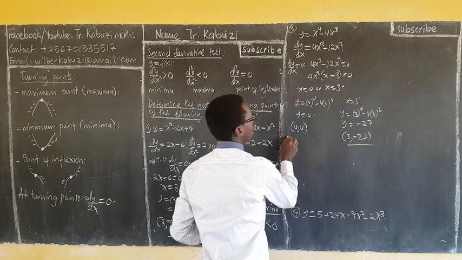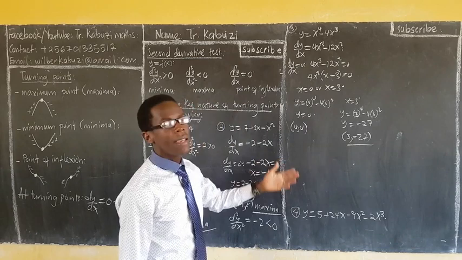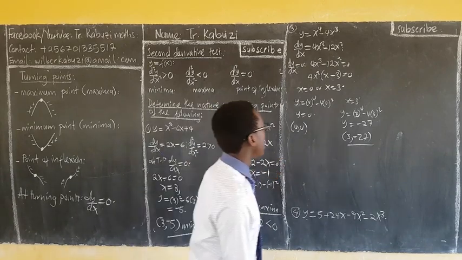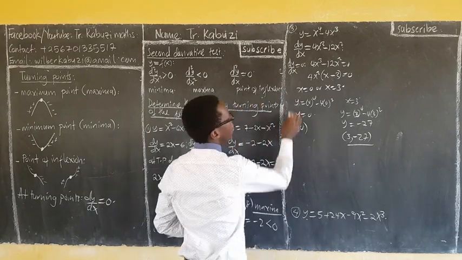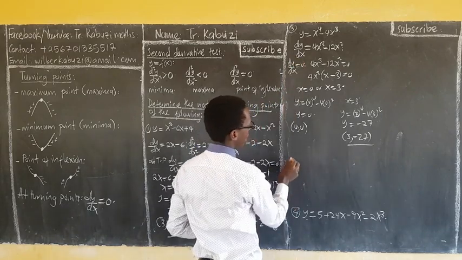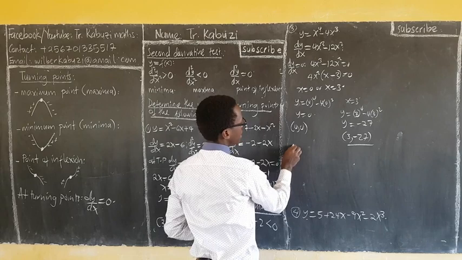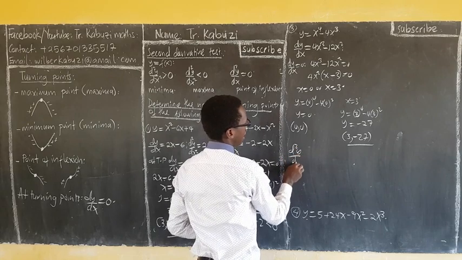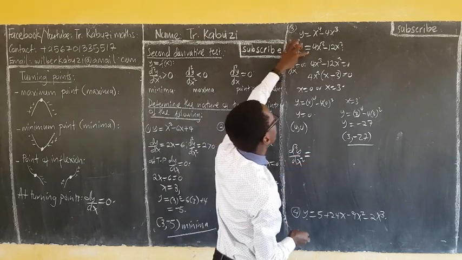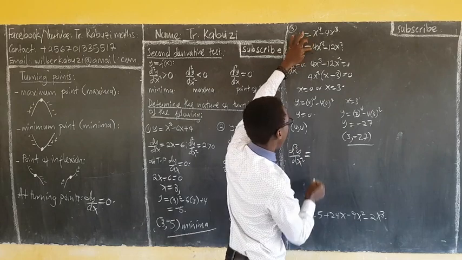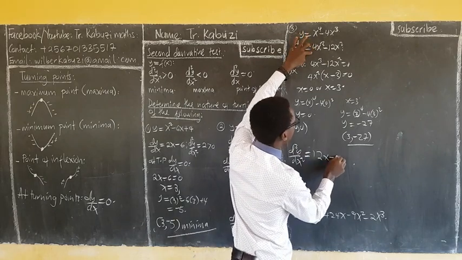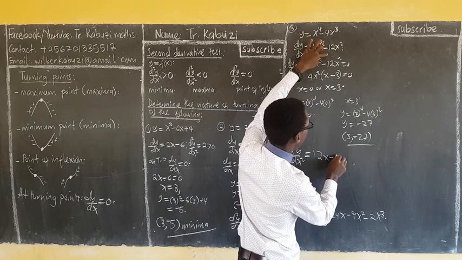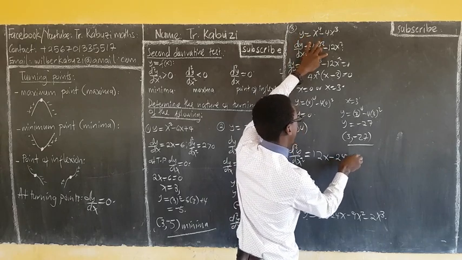Now you want to know, is this point a maxima, minima, or point of inflection? You get the second derivative. So my second derivative, d squared y by dx squared, if I differentiate this a second time, I'll have 12x squared minus 24x.